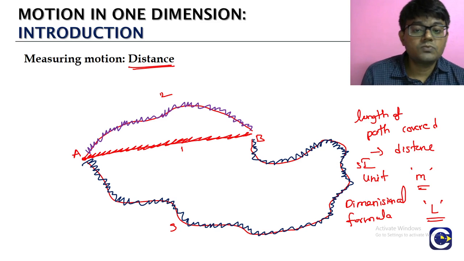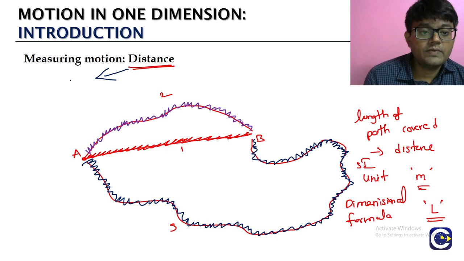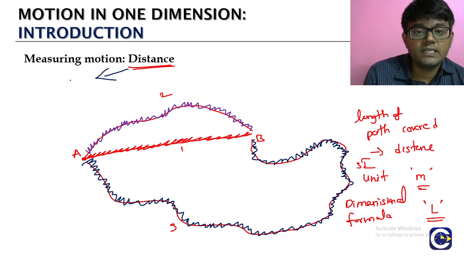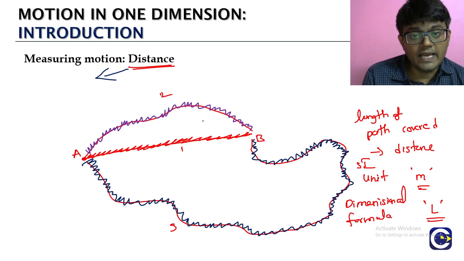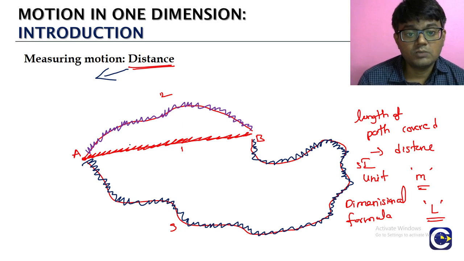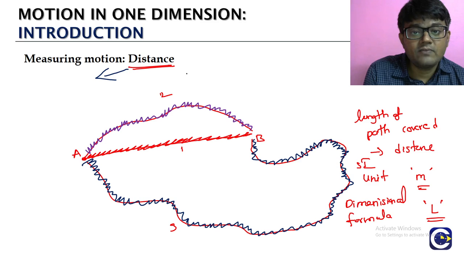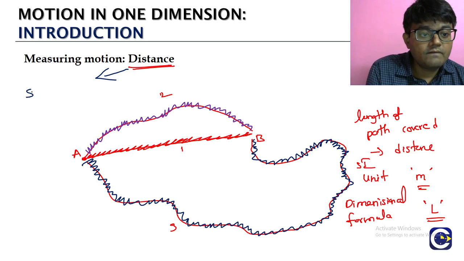And one more thing is, this distance is just a value. When we say the distance covered by the object is 20 meters, it is expressed just by using the value. Remember, in the vectors and scalars discussion, we talked about it. Physical quantities which can be expressed just by their value, what do we call them? We call them scalar quantities.